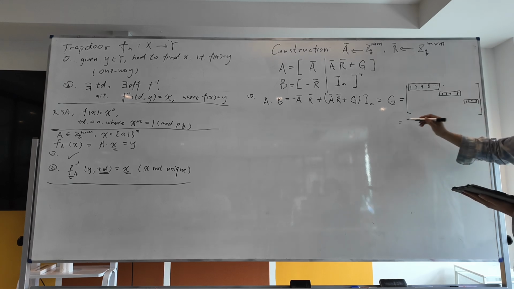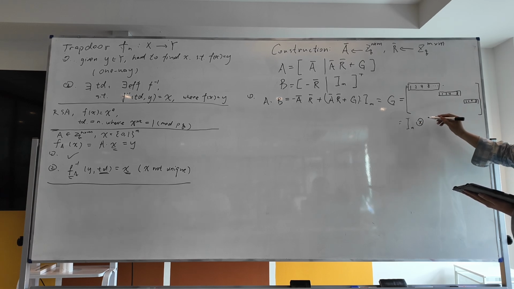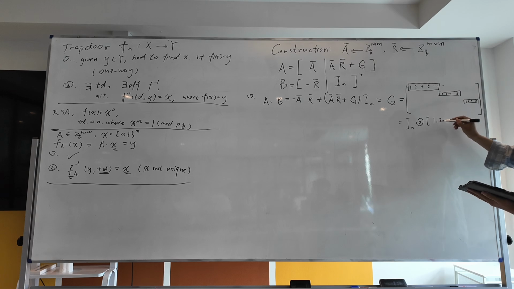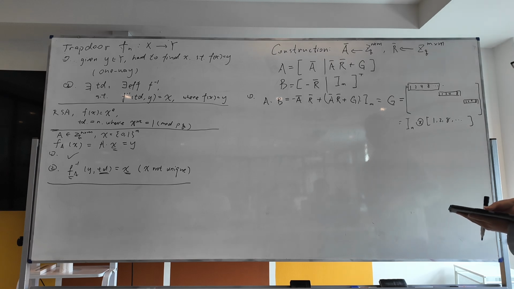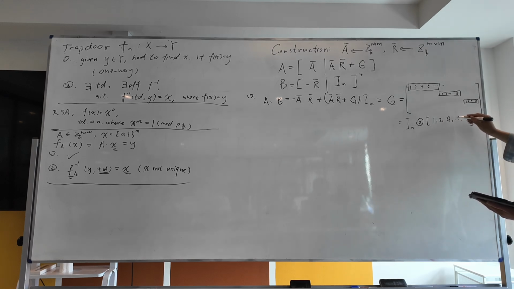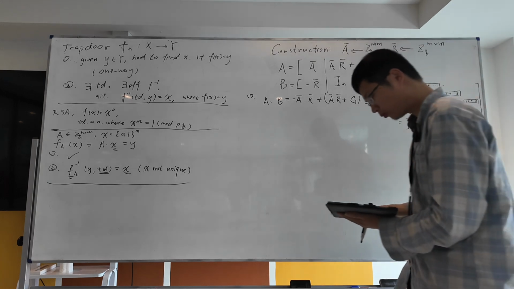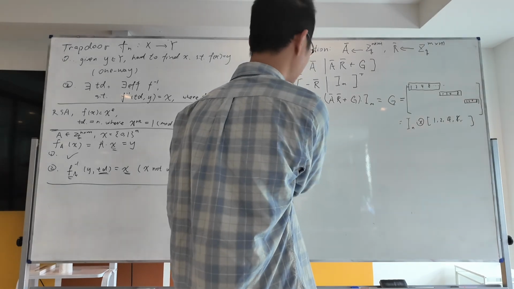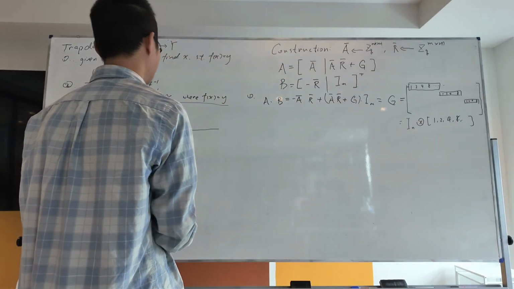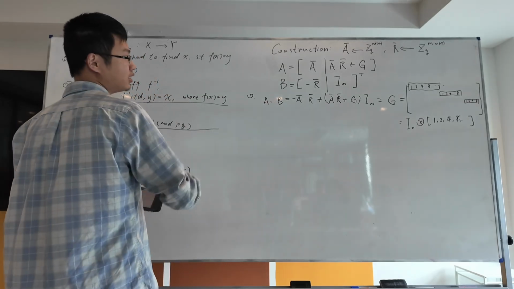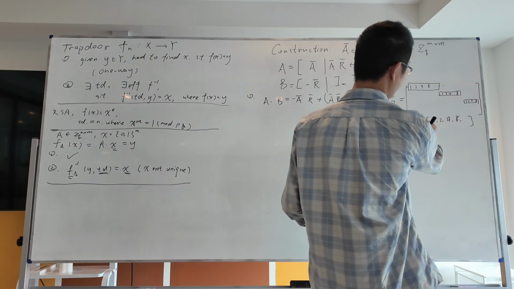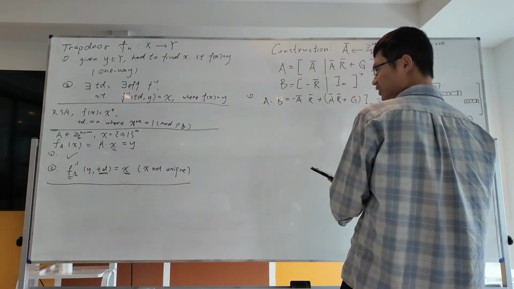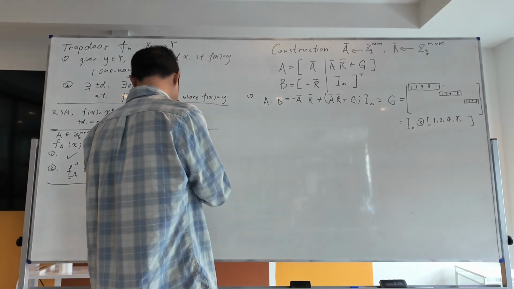It can also be written as the identity tensor product with the row 1, 2, 4. Why should we care about this G? Because G has a very trivial trapdoor. If you set A to be G, the trapdoor is given by, I'll leave this as an exercise.